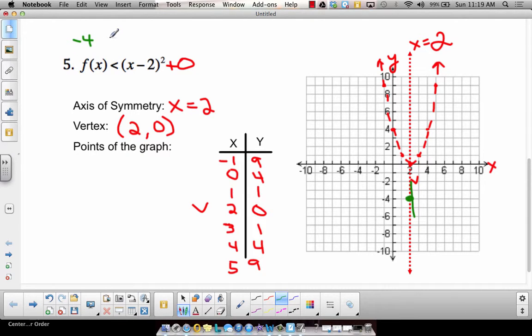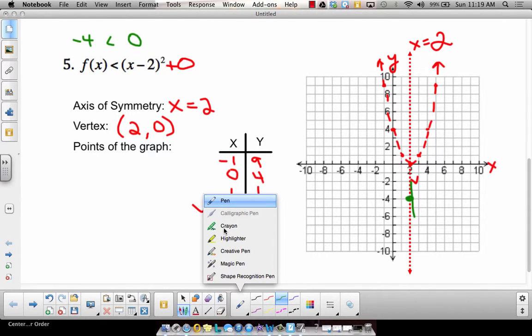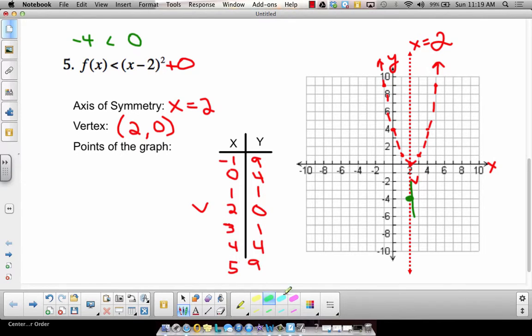I got -4 less than... if I put a 2 in here, 2 minus 2 is 0. Then I square it, it's still 0. And then I add 0, I'm still at 0. So is -4 less than 0? Yes. All right, so we got to highlight the areas again. We'll use green again, so that means I'm on the outside again.